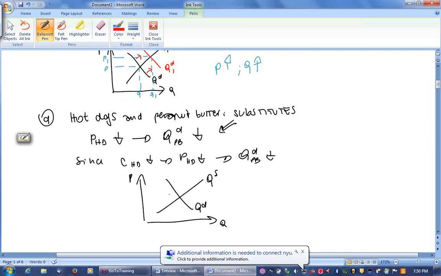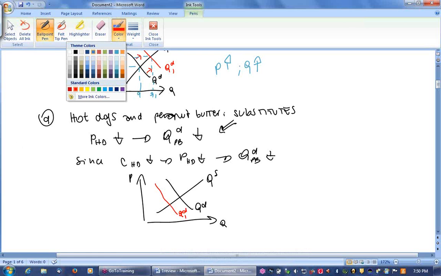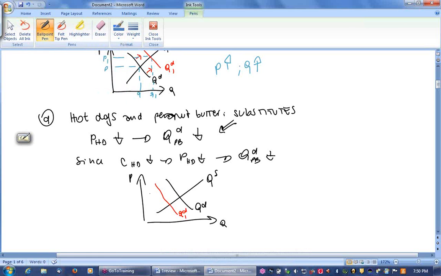Whenever you decrease the demand, you shift the demand curve to the left. These are the initial equilibrium price and quantity. And here, where the new demand curve crosses the supply curve, we have the new price and quantity.